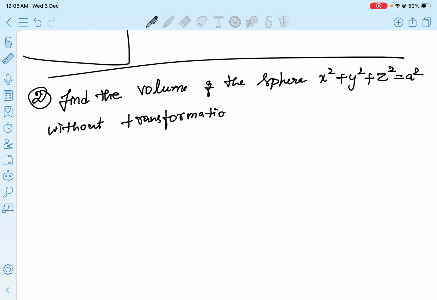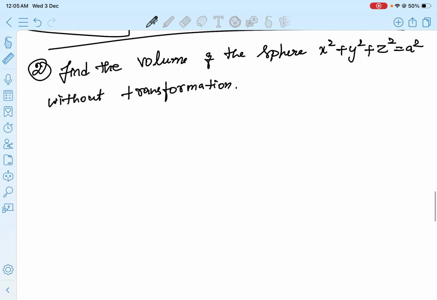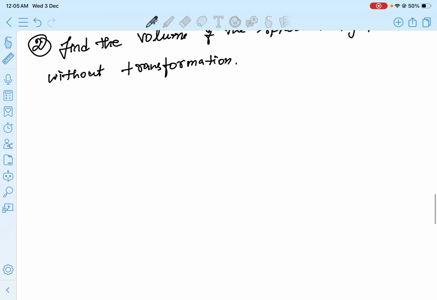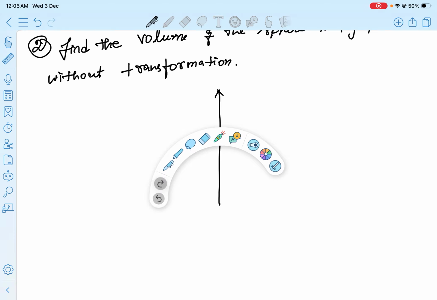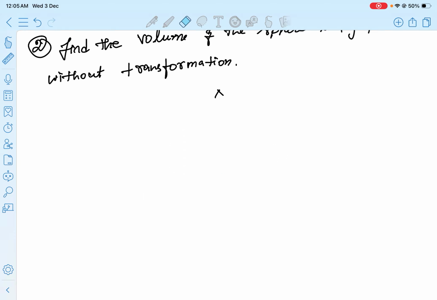So it is a sphere and there is no transformation, so we can assume that it is an octant. So it will look like this, roughly.